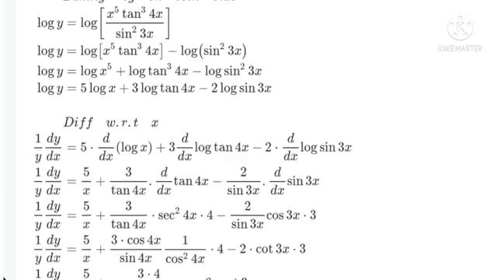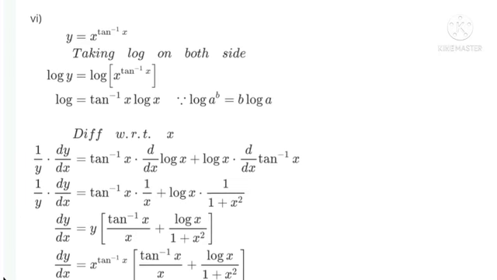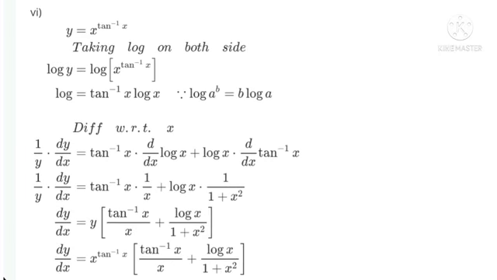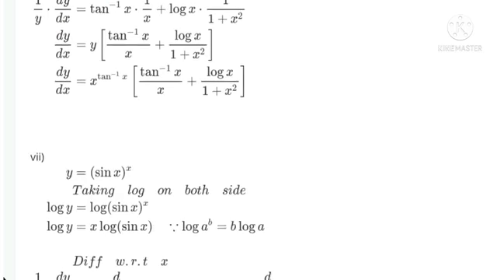You solve yourself. Then 6th example, it is easy. Here also you take log on both sides, then apply logarithmic rule and differentiate. It is also simple, you try yourself.